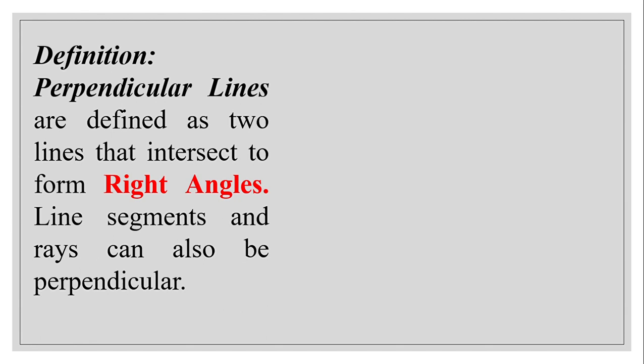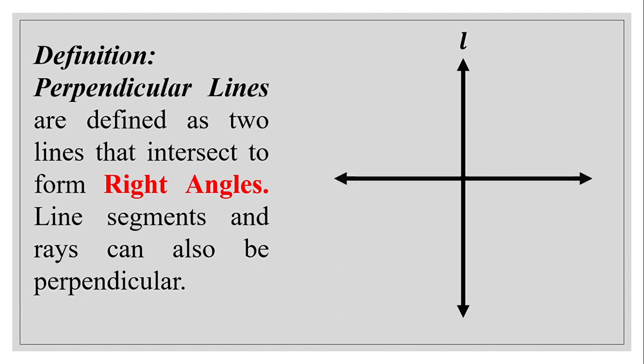Perpendicular lines are defined as two lines that intersect and form right angles. Line segments and rays can also be perpendicular. For example, we have a vertical line, that is line F, and it intersects with a horizontal line, that is M. By the intersection of these two lines, we have one point, that is point P.